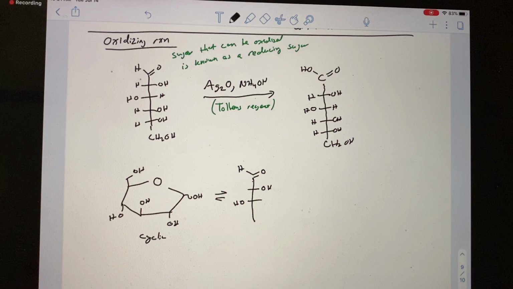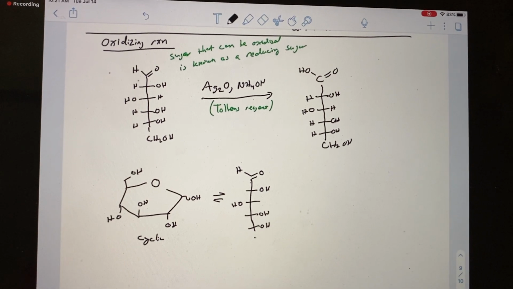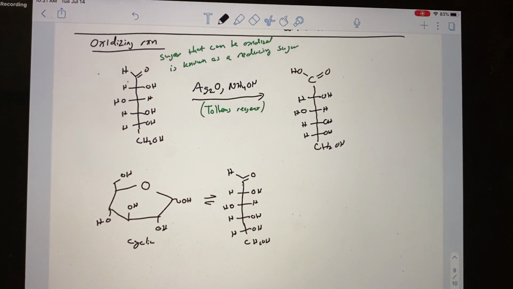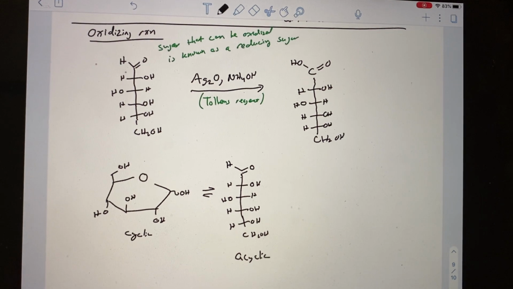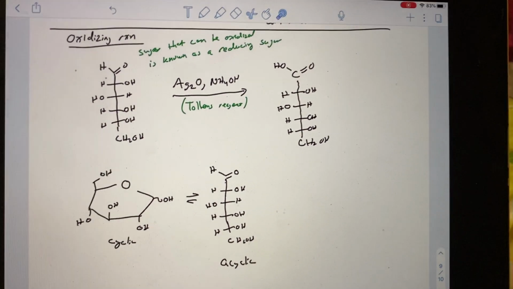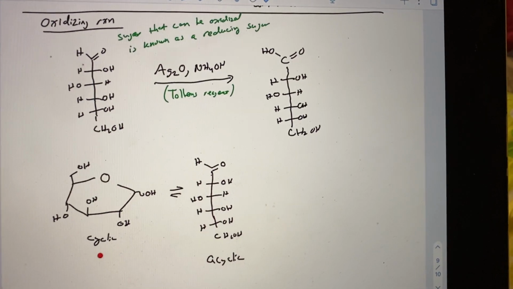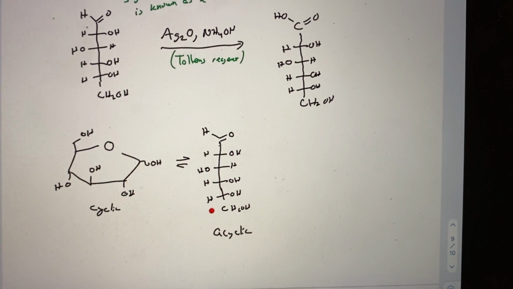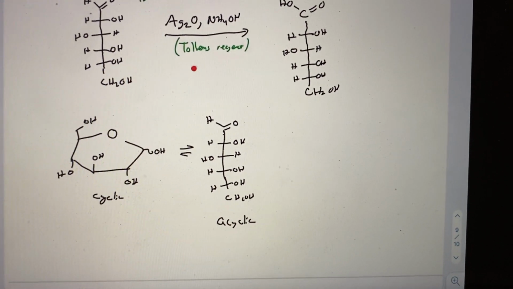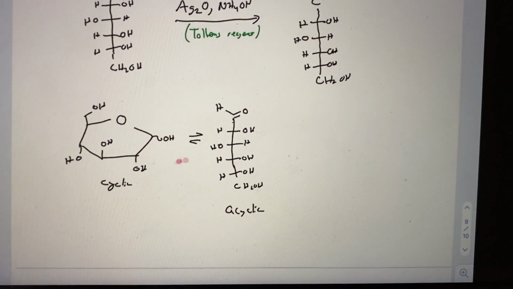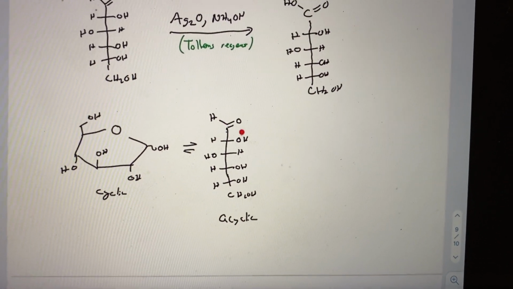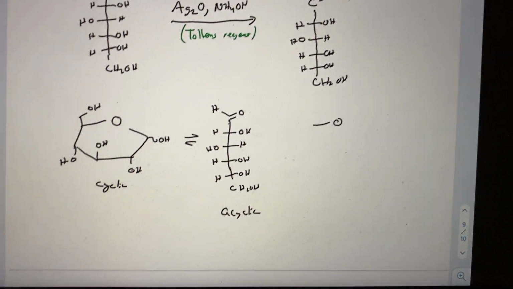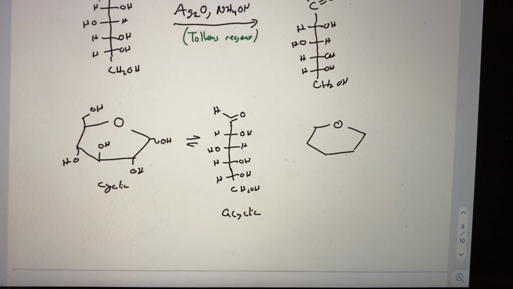This is almost the last time we're going to draw this Fischer projection. So if you were to take glucose and mix it in water, it's actually an equilibrium between these two forms, the cyclic and the acyclic. So if you were to treat this solution with this Tollens reagent, like the one above, it's going to act as a reducing sugar, because some of the time it's going to be in the aldehyde form, so it could actually be oxidized.